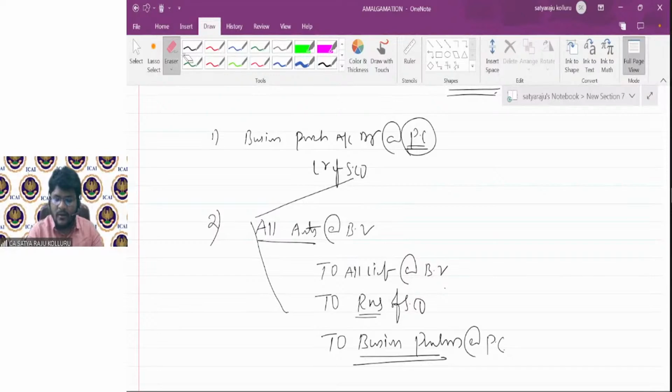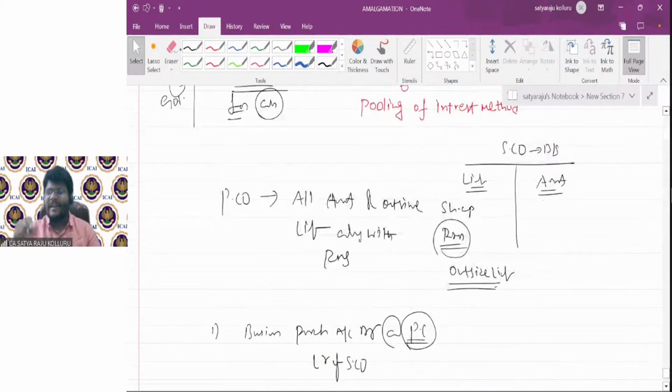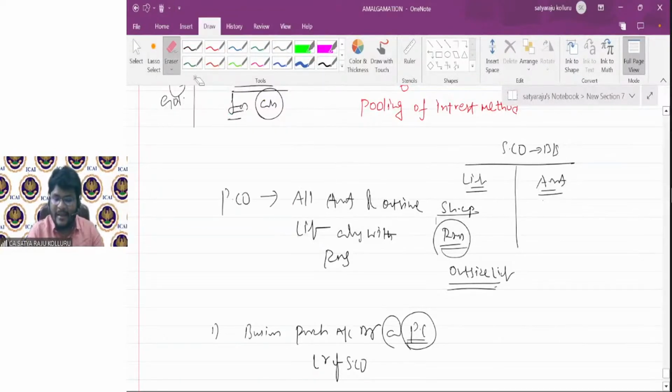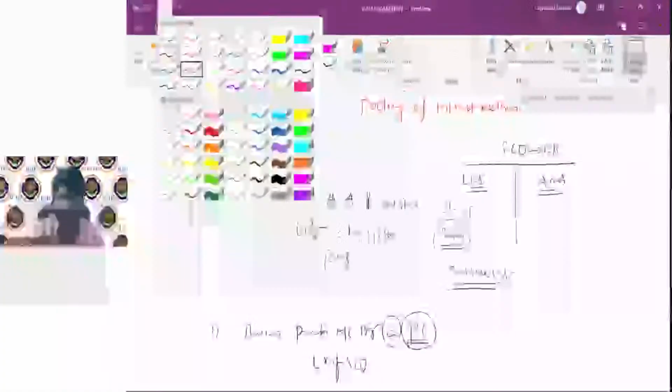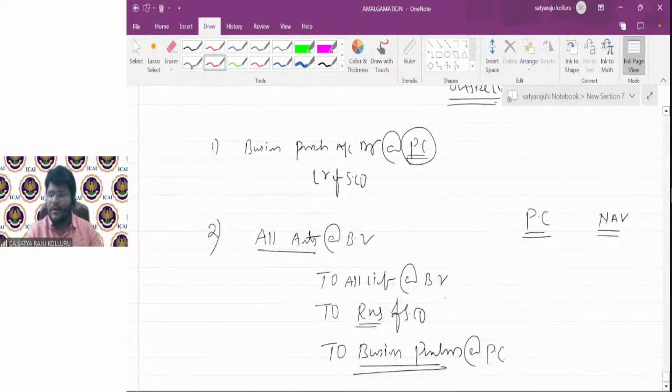Am I right? Please all of you come here. If PC is here, NAV is here. Here, NAV is nothing but the share capital of the selling company only. Do you agree with me? Why, sir? What is the meaning of NAV actually? Assets minus liabilities, but it is a merger.